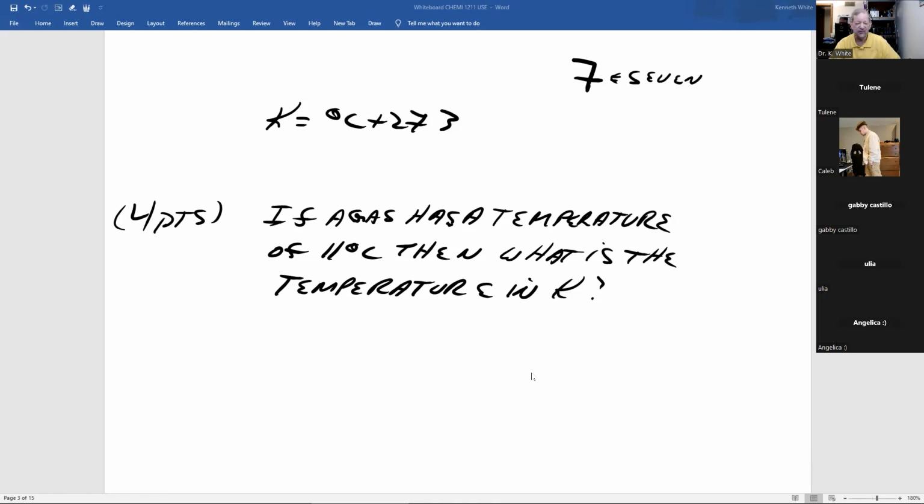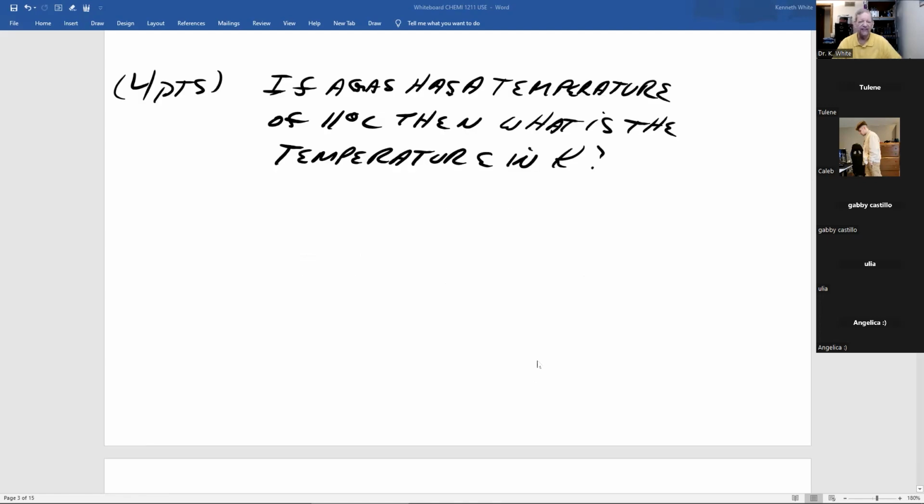All right, let's do this. So I have this and I'm going to read it. The gas has a temperature 11 degrees C. Then what's the temperature in Kelvin? So what are we trying to find? Kelvin. What are we given? That's the only thing we're given. And now I know to use this formula, Kelvin equals degrees C plus 273.